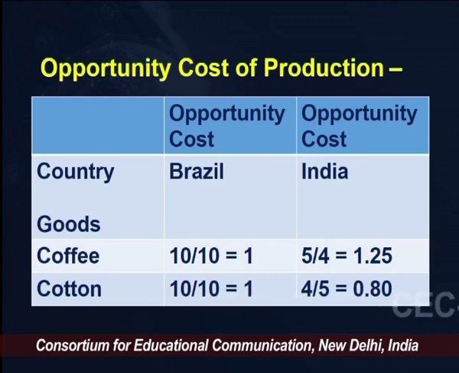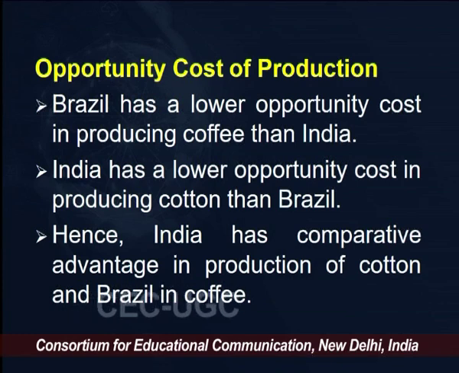And if it devotes the whole of its resources to cotton and not coffee, that is 4 by 5, it is 0.8. So we can see from this table that Brazil has the opportunity cost advantage in production of coffee, and India has the opportunity cost advantage in production of cotton because that is the lowest, 0.8. Now moving further, Brazil has a lower opportunity cost in producing coffee than India.